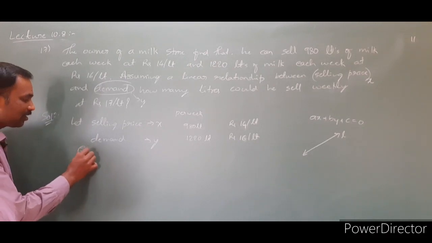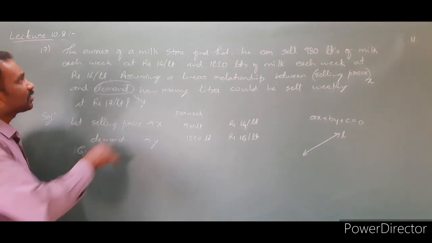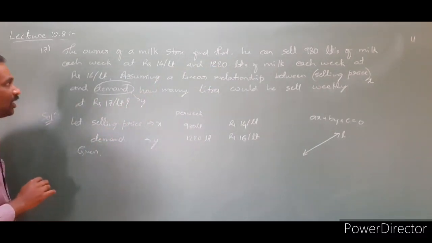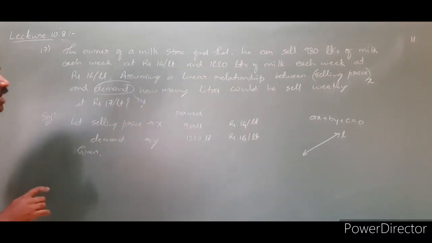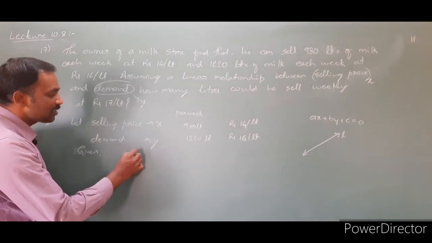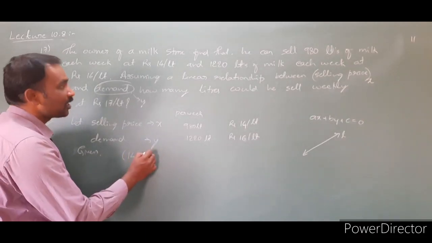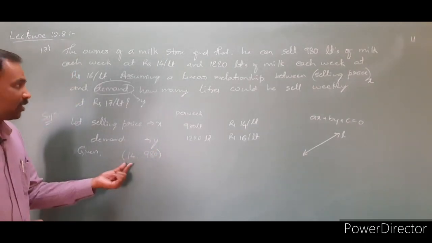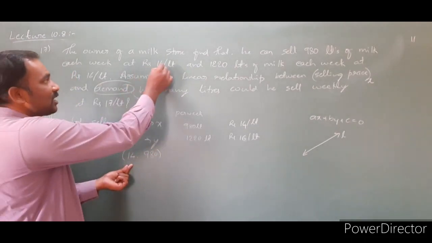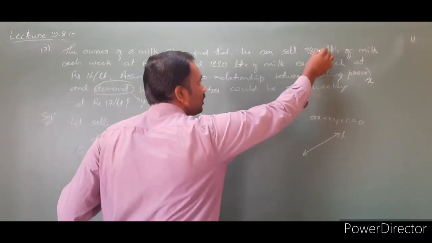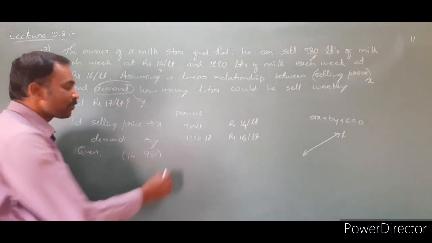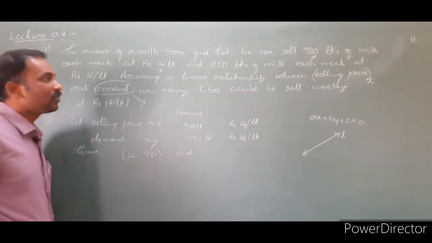He can sell 980 liters of milk each week at Rs 14. That means we can write the point 14 comma 980: selling price is x, and the demand, 980 liters of milk, is y. So x comma y. That is one point. What is the other point?